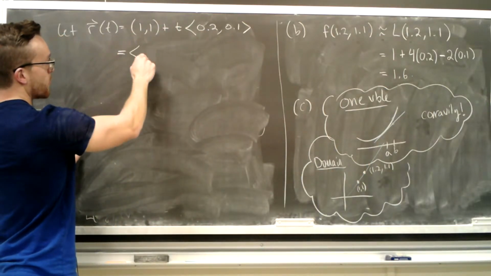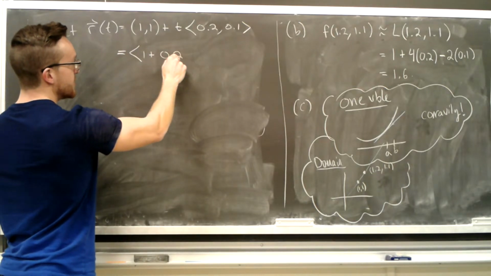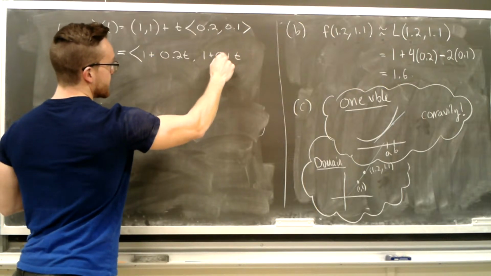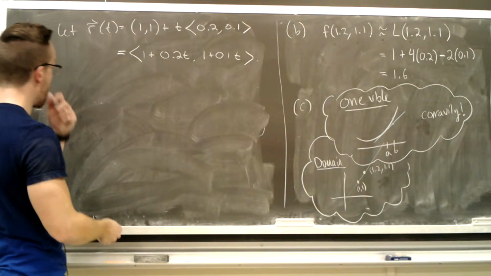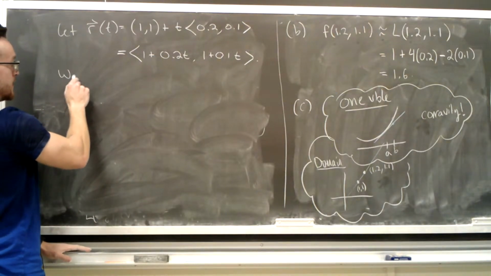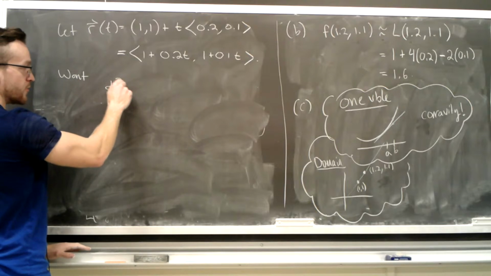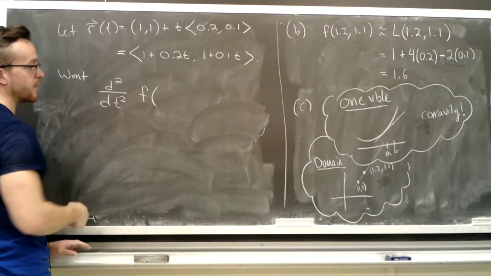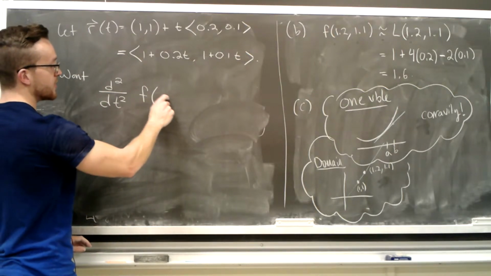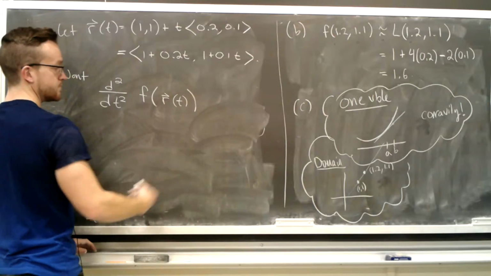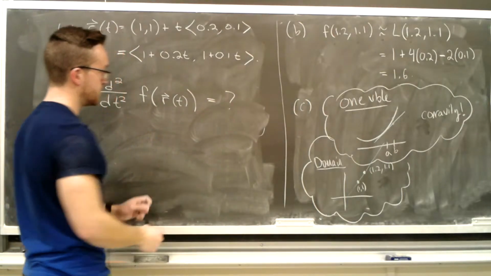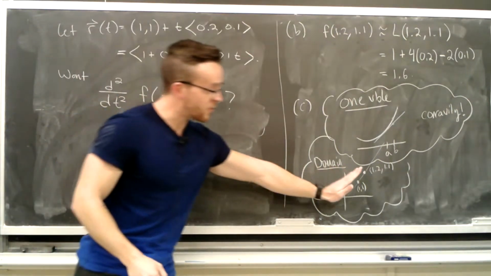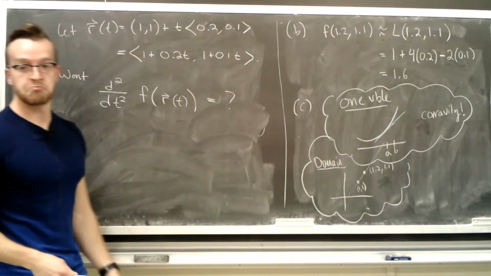I could write this as 1 plus 0.2 times t, and then 1 plus 0.1 times t. And what I want to do is compute the second derivative with respect to t of f of R of t. This is measuring the concavity of the function in this direction.